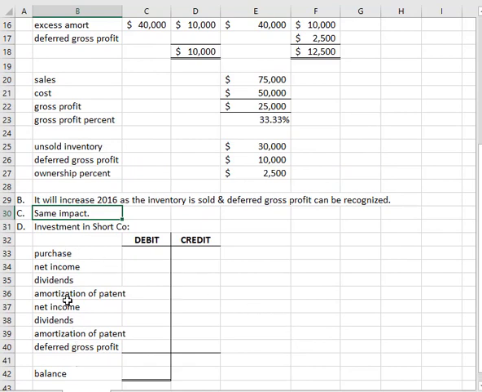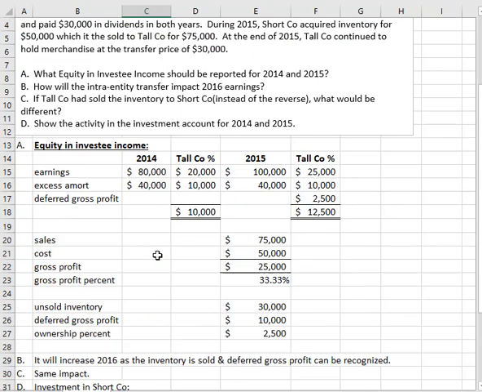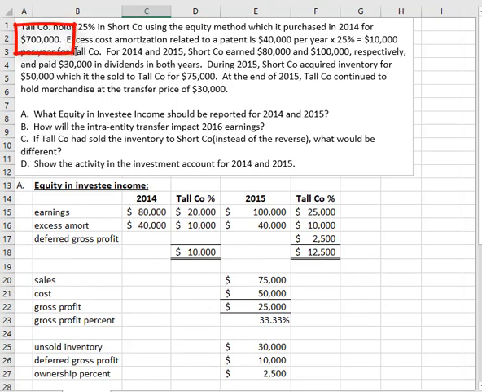So here's all the possible things. The purchase goes in here, your percentage of net income in the first year, your percentage of dividends reduces it, your percentage of the amortization, and so then the second year. So the original purchase was $700,000. It was given to you up here.